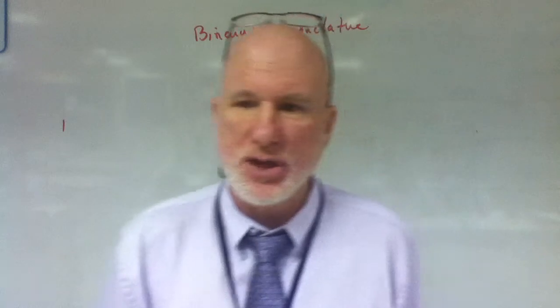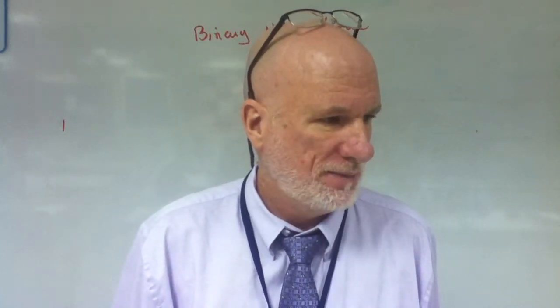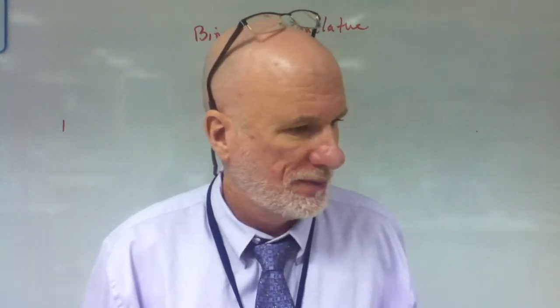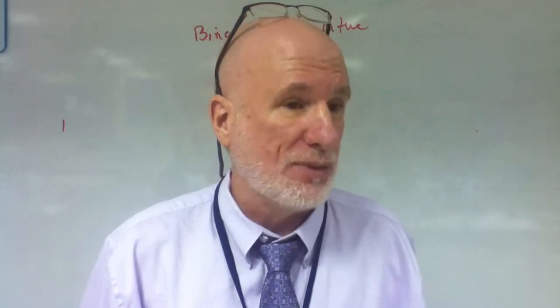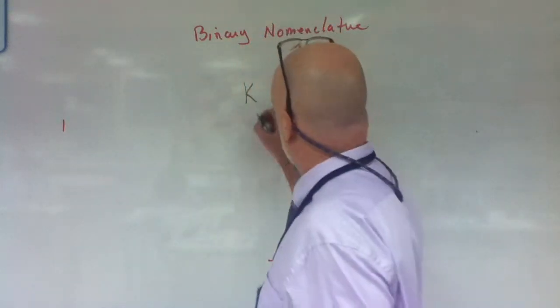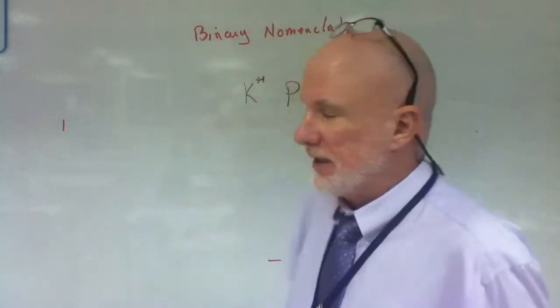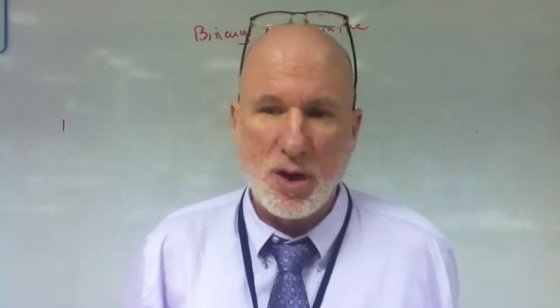What's the ion associated with potassium? Rhoda, look at your periodic table. It's right there in front of you. +1. I know that, but I need the symbol. K plus 1. And what's phosphorus? P minus 3.